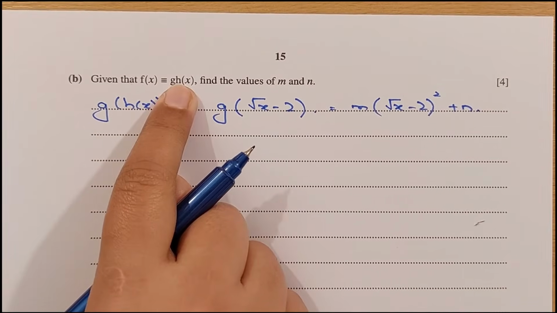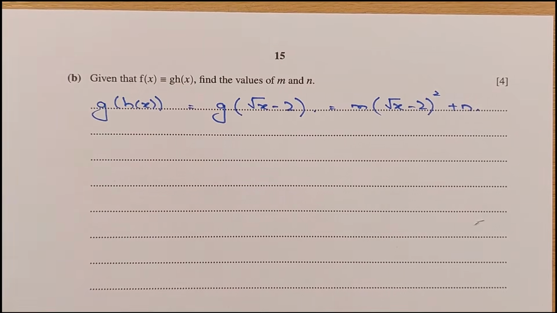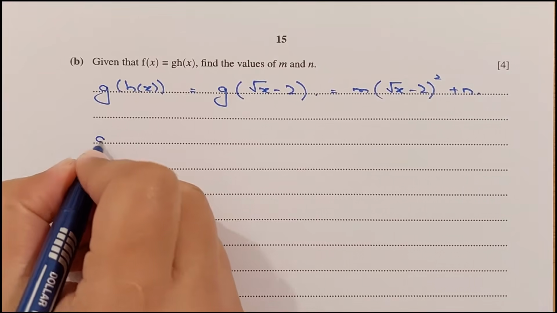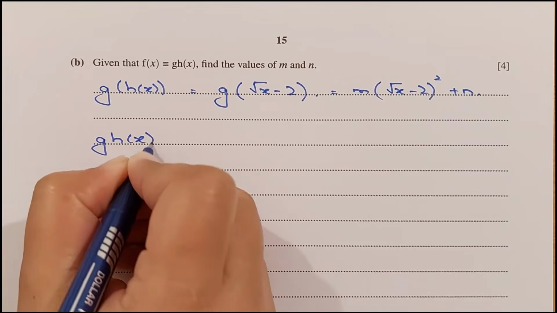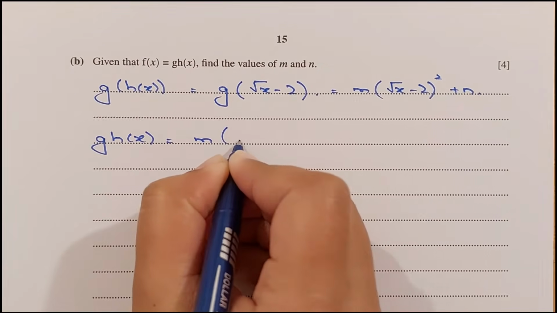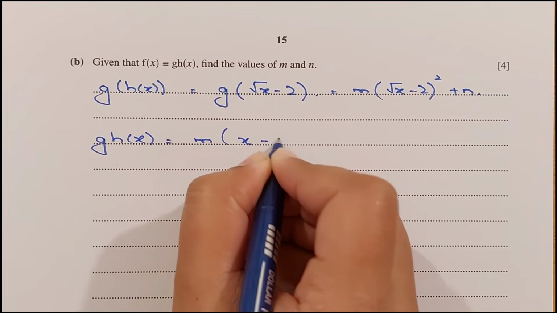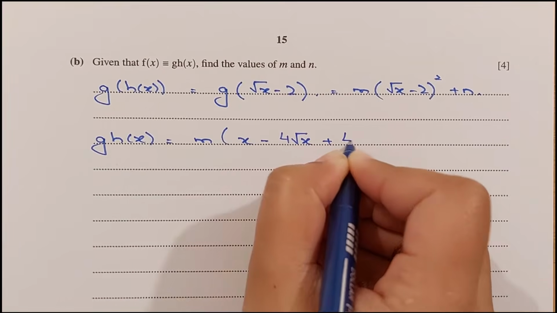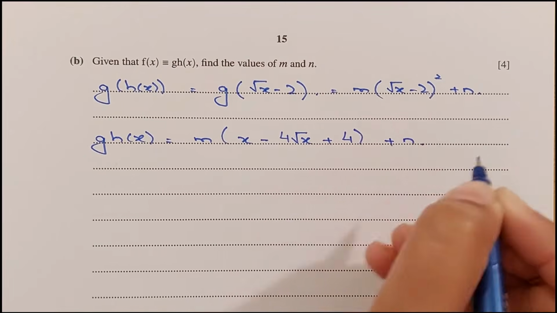Now let me put f of x equals g composition h of x. Or before doing this, let me open this. g h of x is m times x minus 4 square root of x plus 4, plus n, right?